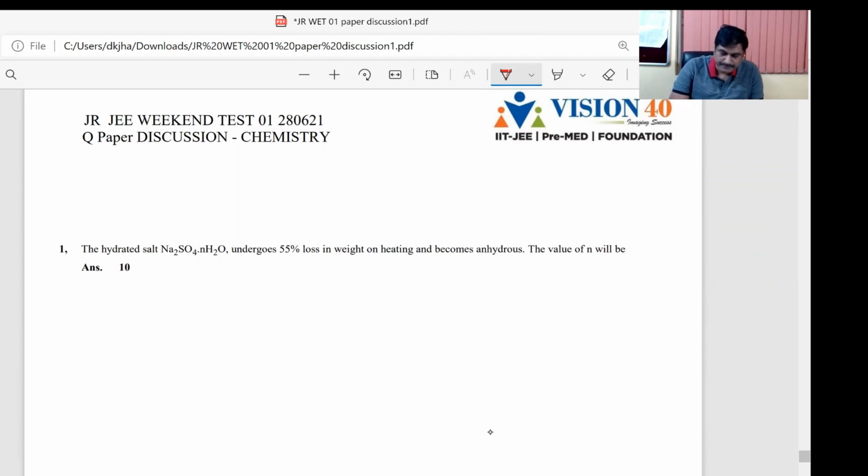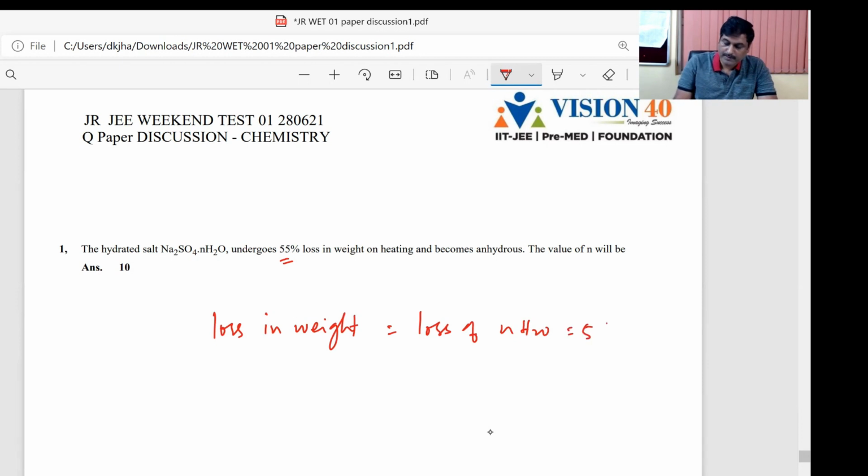Next question. The hydrated salt of Na2SO4 nH2O undergoes 55% loss in weight on heating and becomes anhydrous. We did this question in the class also, right? So, what is the loss? Loss in weight is the loss of water molecules, nH2O, that is 55%.